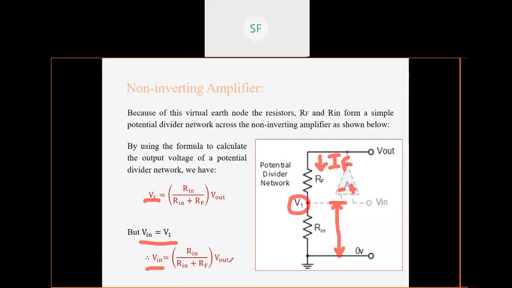So we can now express this particular step in terms of voltage gain, right? What will be the next step? You have to collect the values of V out and Vin on one side as a fraction.